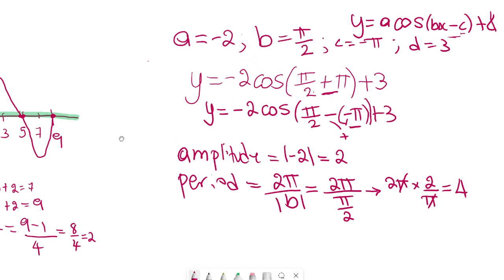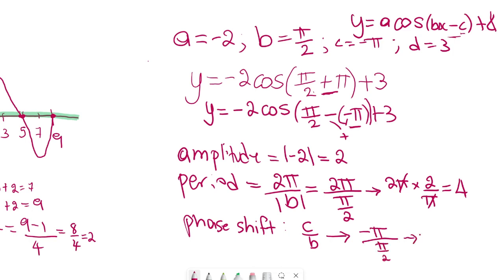Next, I'm going to find the phase shift, to see if this graph shifted any. So our phase shift is going to be C divided by B. Well, C is negative pi divided by B, which is pi over 2.